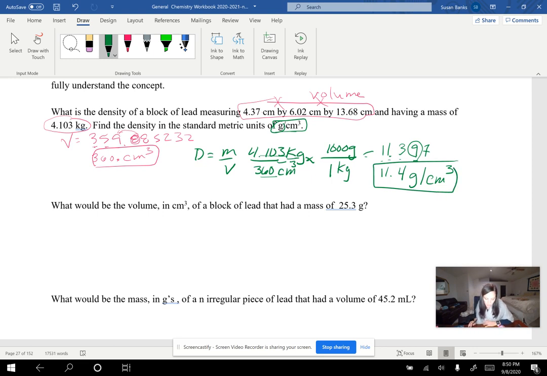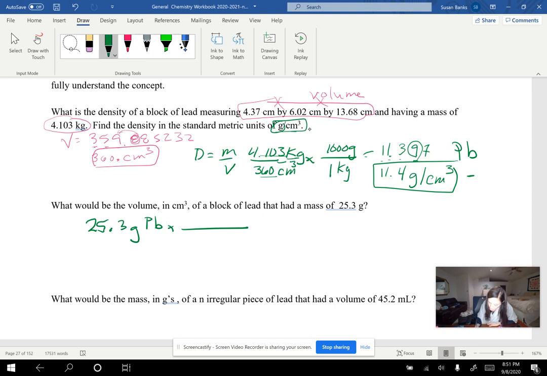Now, what would be the volume in centimeters cubed of a block of lead that has a mass of 25.3 grams? Now, I can use this density that I just calculated to help me out. I'm going to start out with this 25.3 grams of lead, and I'm just going to put that symbol there so that I know I'm talking about lead, and this is also lead.